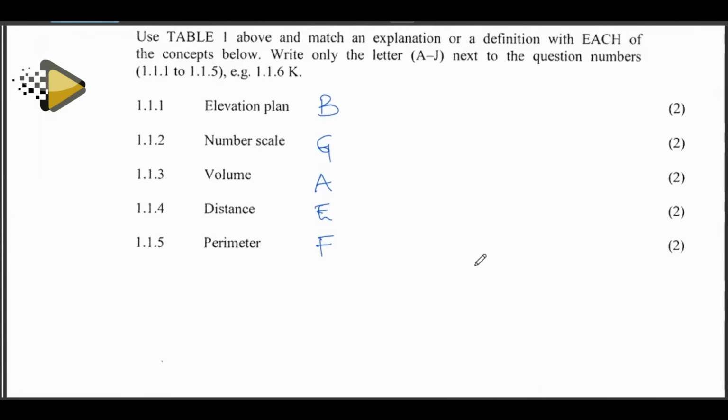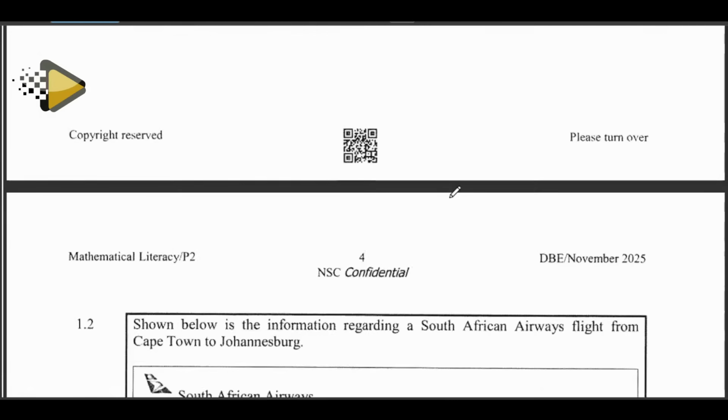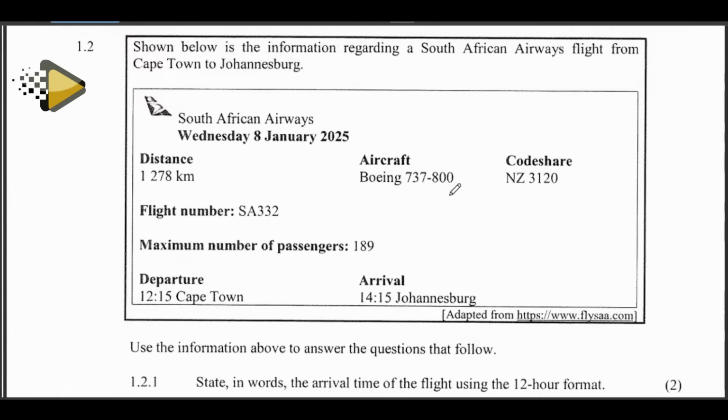F. Okay, BGAEF. Okay. 1.2. Shown below is the information regarding a South African Airways flight from Cape Town to Johannesburg.